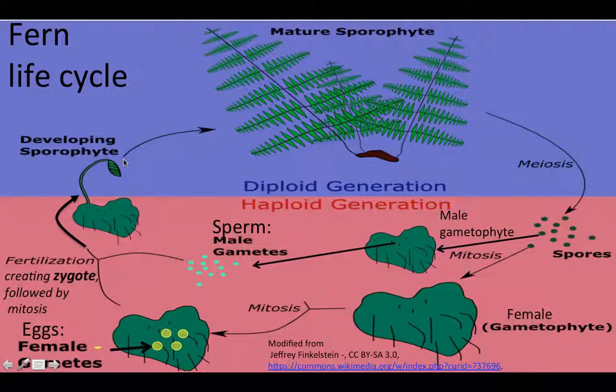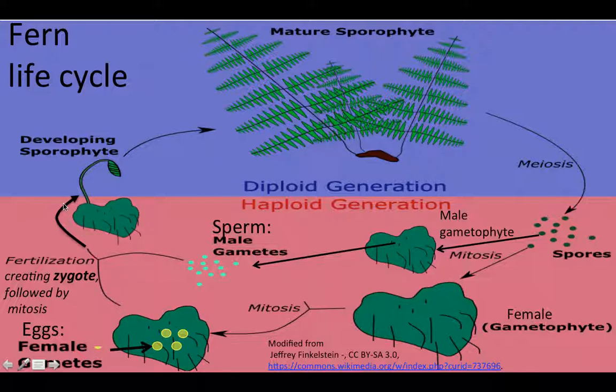In order to make a mature sporophyte, the only process that can happen is mitosis, because mitosis makes exact copies. So we can't have meiosis here, because meiosis would take us back from the diploid to the haploid state. Instead, this process has to be mitosis.